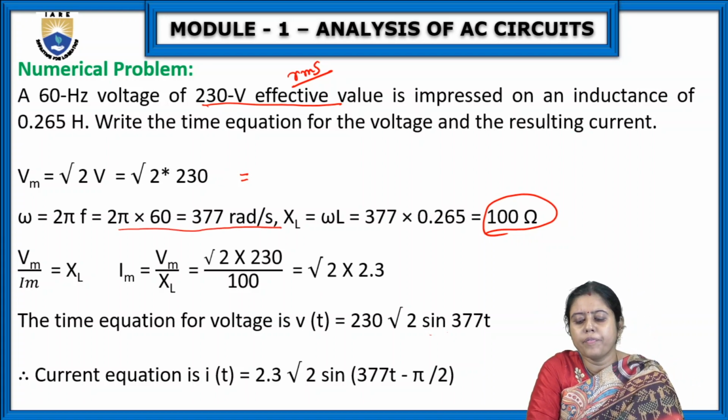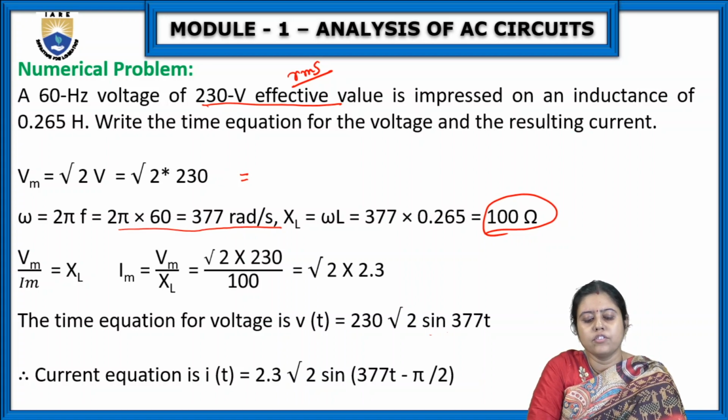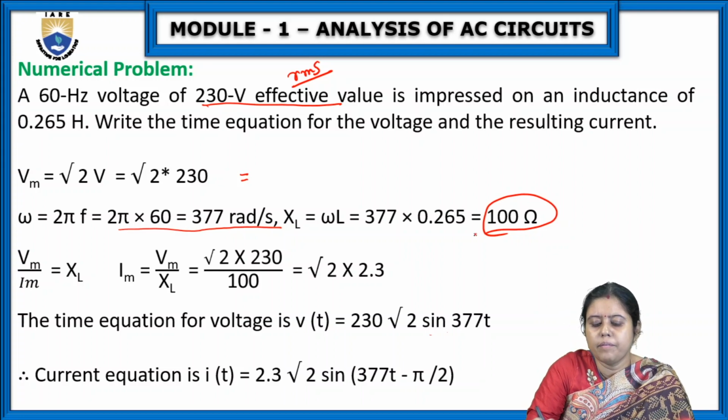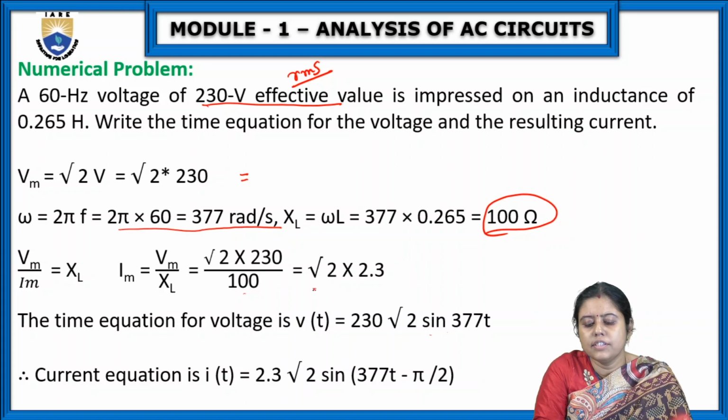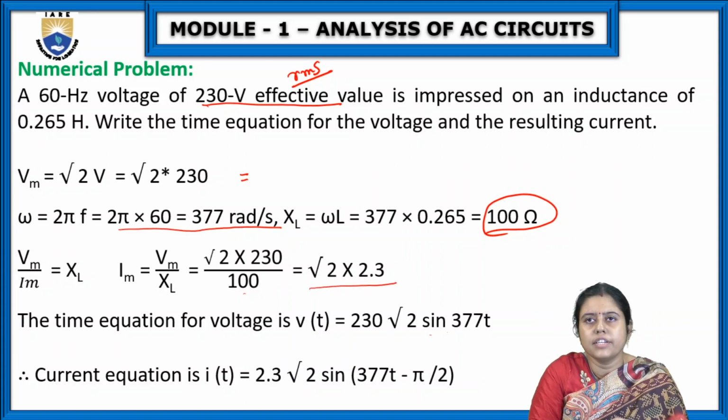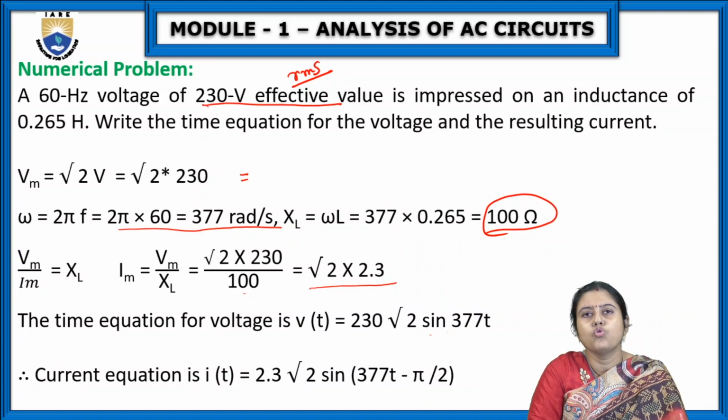What is the value of current? As we have already discussed, Im is equal to Vm by XL. The XL value we got is 100, so this is the value of Im. The current equation is 2.3 root 2 sin (377t minus pi by 2).